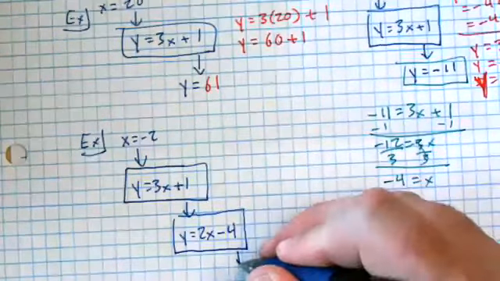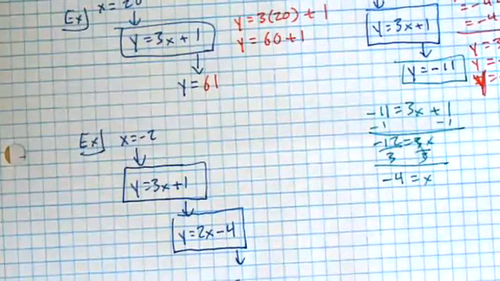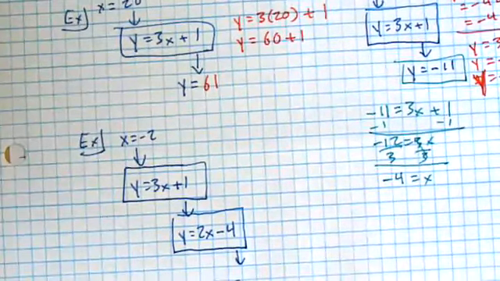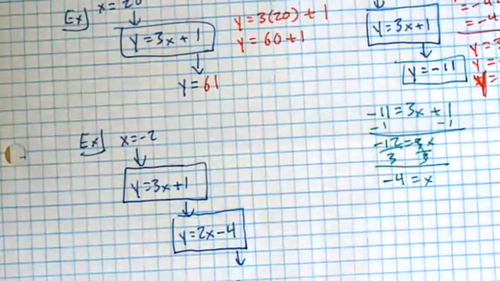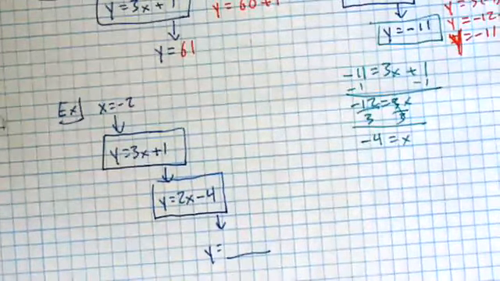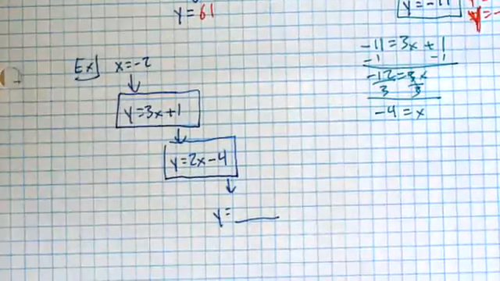And I'm going to ask you to find the output of that. So I got two machines hooked up end to end. I'm going to put -2 into the first machine, and then whatever the output for that is going to pop out and it's going to be the input for the second machine. And then you're going to tell me what's going to come out at the end of that. And this is really a lot more like what a factory actually looks like, right? There's usually not just one machine.